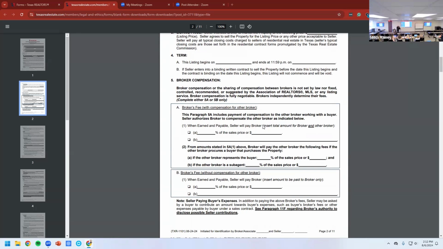Brokers' compensation or sharing of compensation between brokers is not set by law, nor fixed, controlled, recommended, or suggested by the Association of Realtors, MLS or any listing service. Brokers' compensation is fully negotiable. Brokers independently determine their fees. And complete paragraph 5A or 5B, not both.